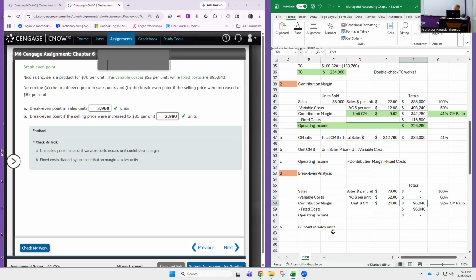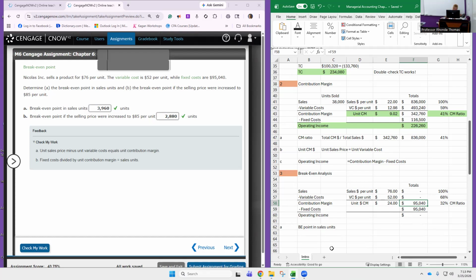Let me show you the formulas. The formula for our break-even point is fixed costs. Now this is in sales dollars or sales units.